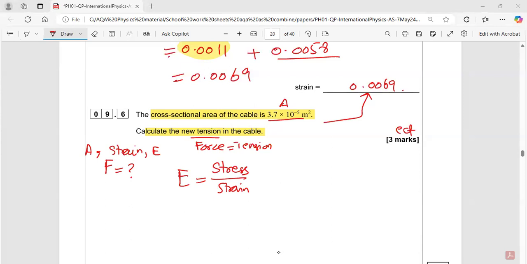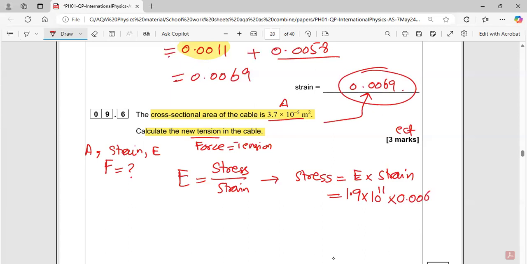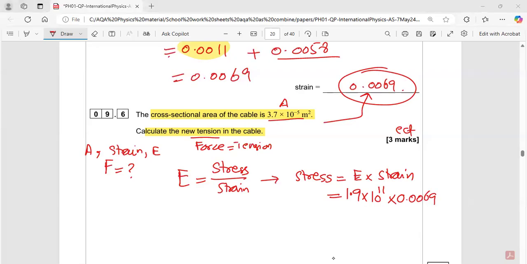Whatever your value of strain was coming, you have to use that. So from here, I can say stress is equal to Young modulus into strain. Young modulus, whatever is coming, you have to use that. Not 200, but whatever was the raw value. It was, I guess, 1.9 into 10 to the power 11, and multiply that with this strain, which is 0.0069. So you will get your answer, right?